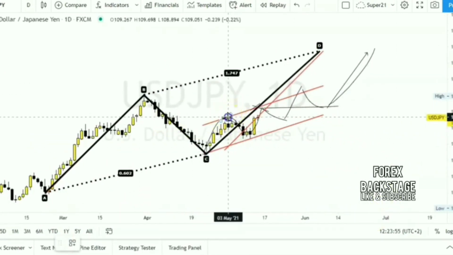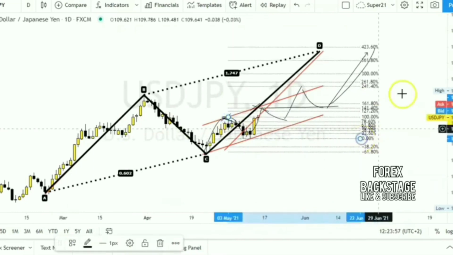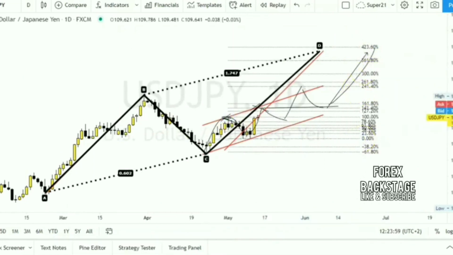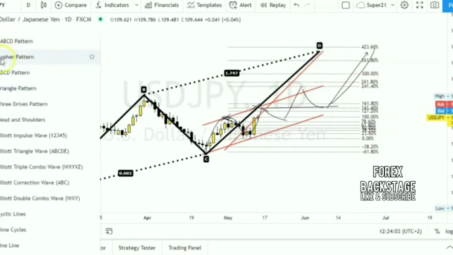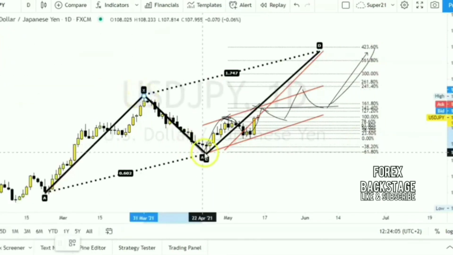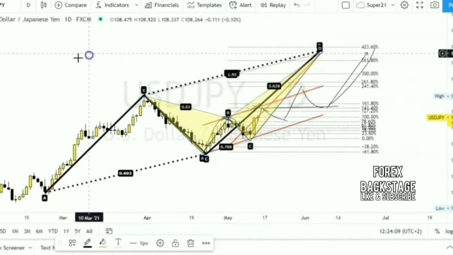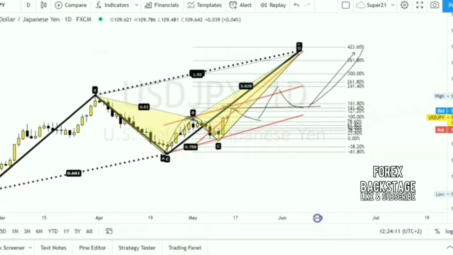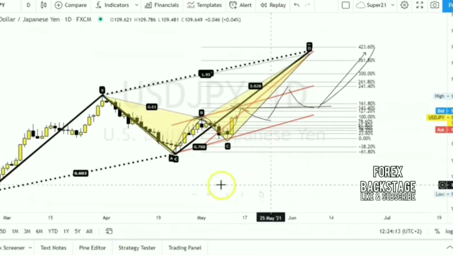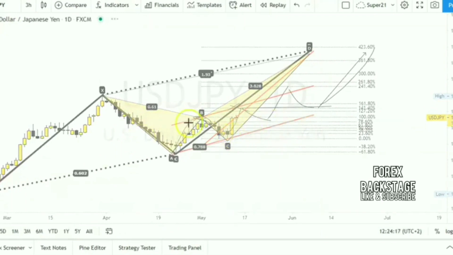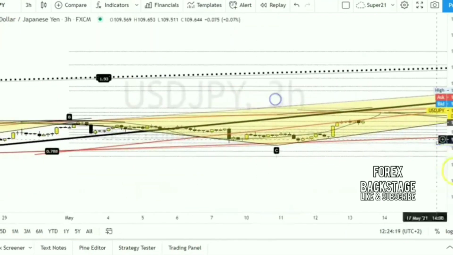Then we'll be looking at these areas. But we'll see how it goes. So far, the only interest that we have is this area where we took our entry.